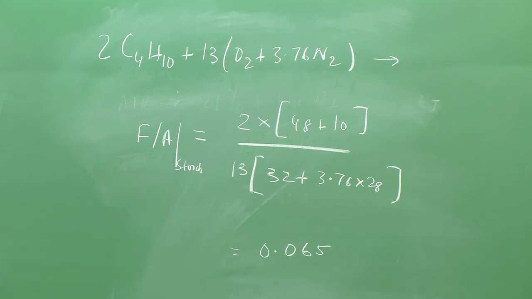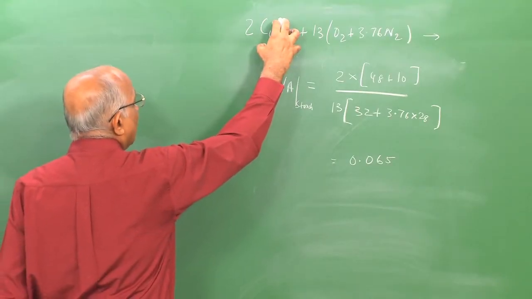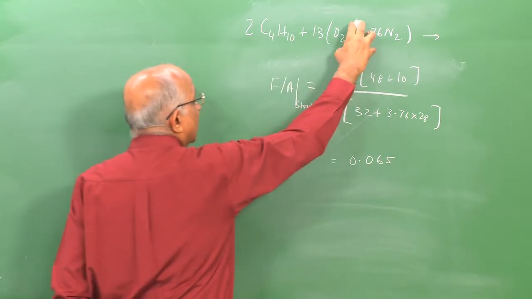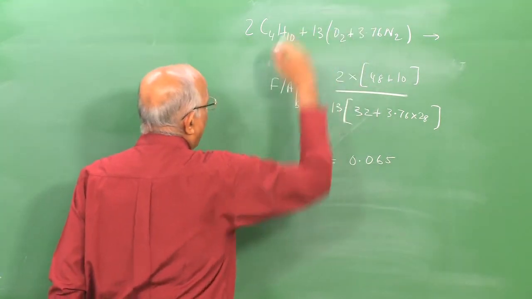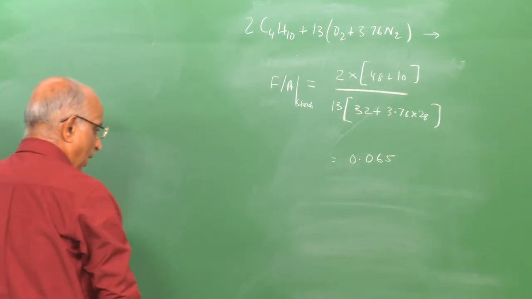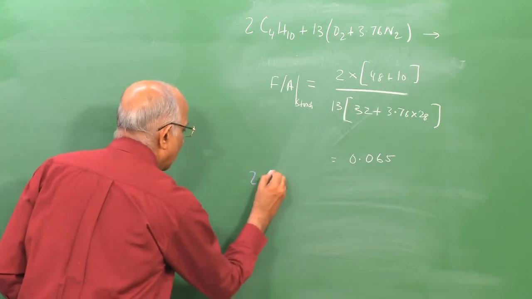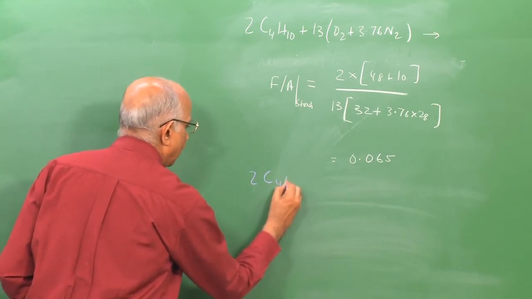But supposing, let us say, the spillage has happened in the kitchen, I release some amount of butane, and the amount of air in the kitchen is smaller or larger. I could have a different reaction. Let us consider another reaction, in a different color chalk: 2 C4H10.